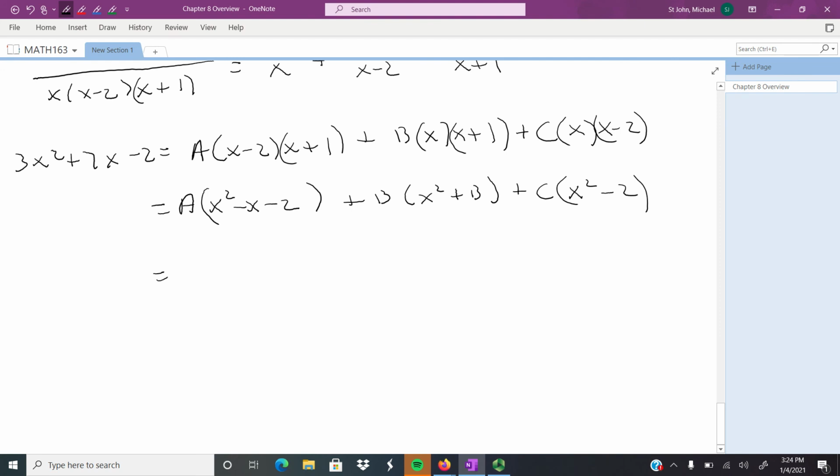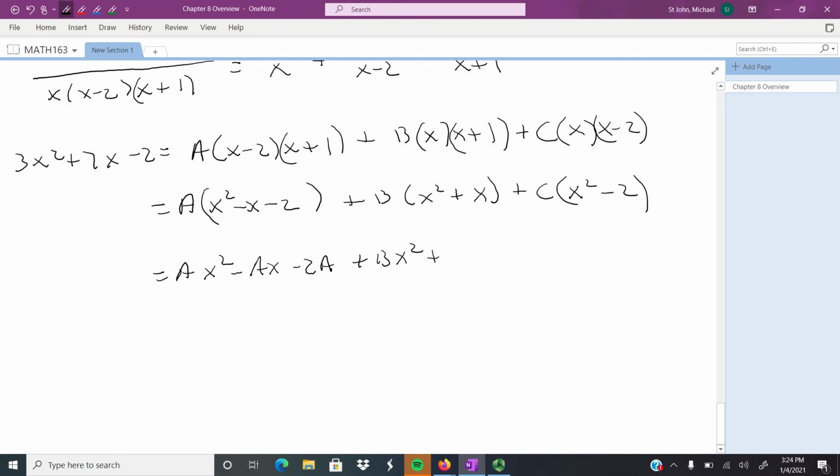And so we get ax squared minus ax minus 2a, plus bx squared plus bx. Sorry, this should be an x. Let me correct that.